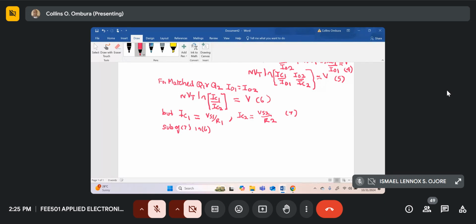If we substitute that, we'll get eta Vt natural log of IC1, which is VS1 over R1, divided by IC2, which is VS2 over R2.